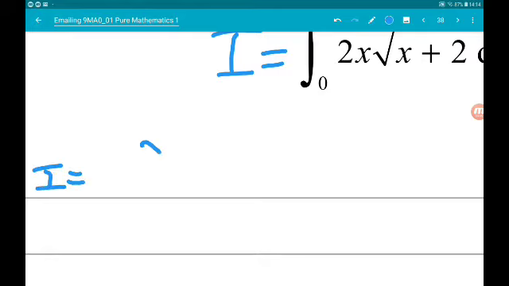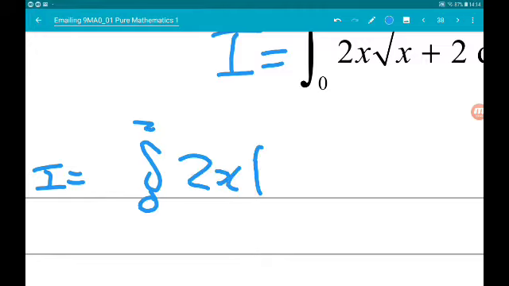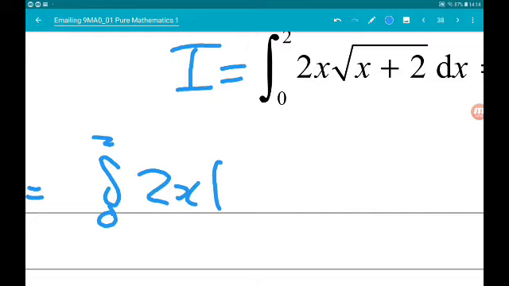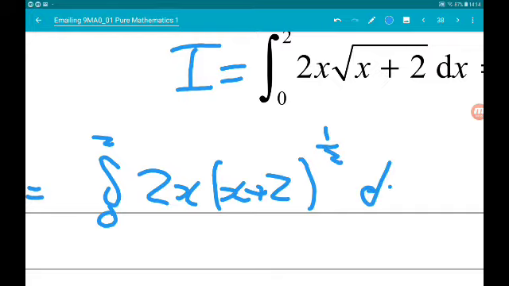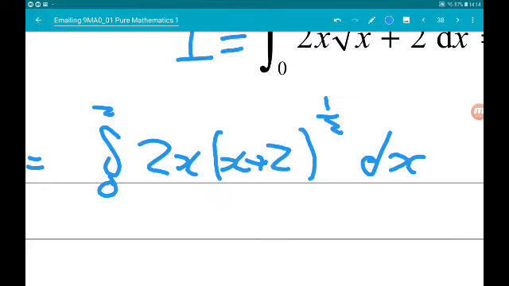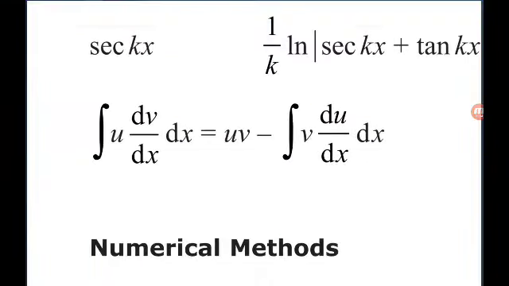to be the integral between 0 and 2 of 2x times x add 2 to the power of 1/2 with respect to x. So, we are given the formula for this.